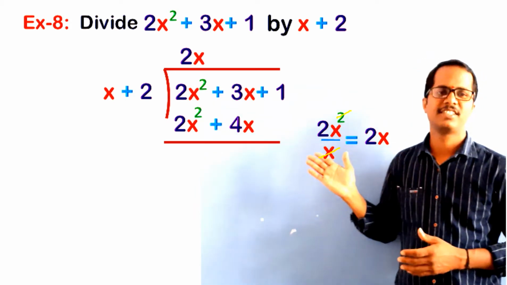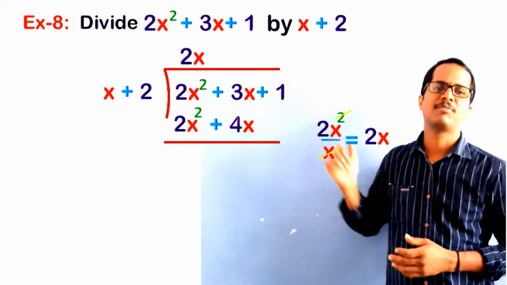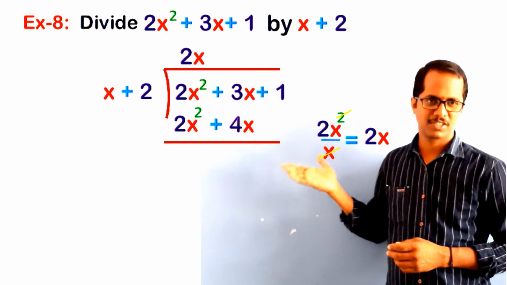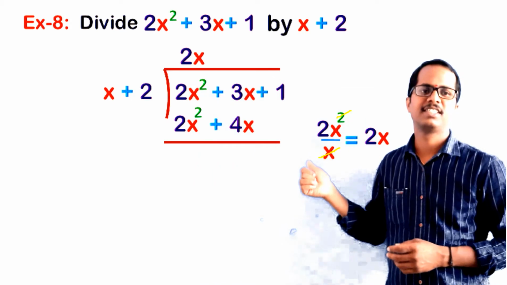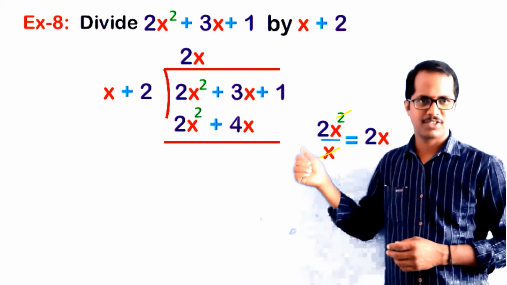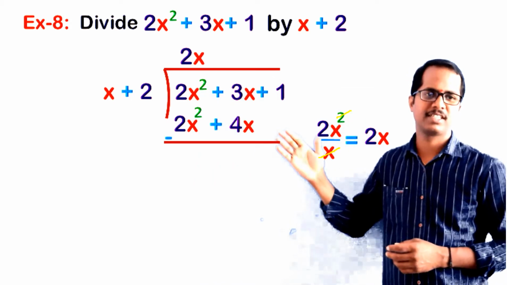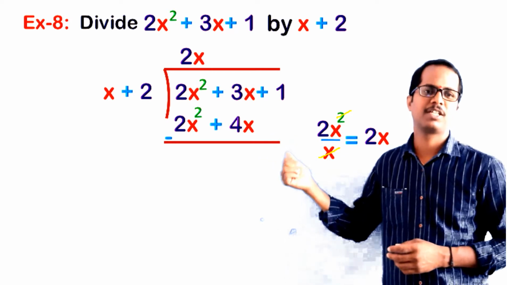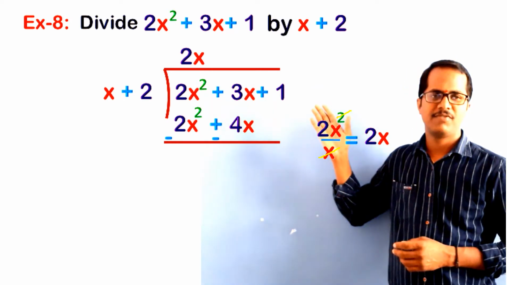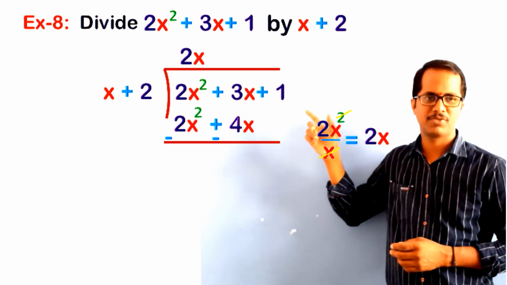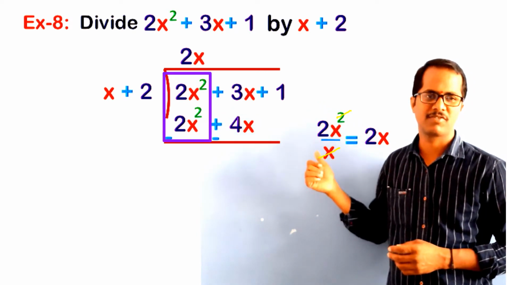Now let us subtract this product from the dividend. To subtract, first we need to change the signs of this product. Here we have plus 2x square, it becomes minus, and plus 4x becomes minus 4x. Now, in the dividend we have plus 2x square and this is minus 2x square.